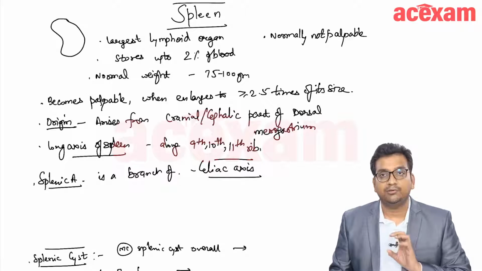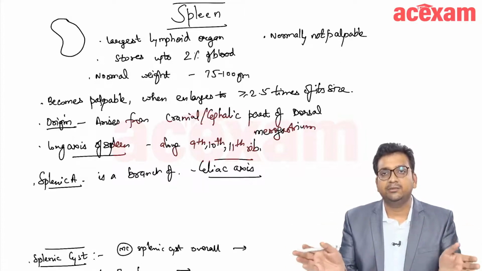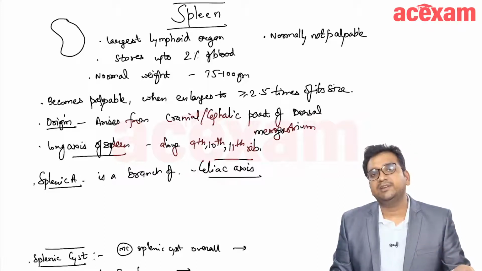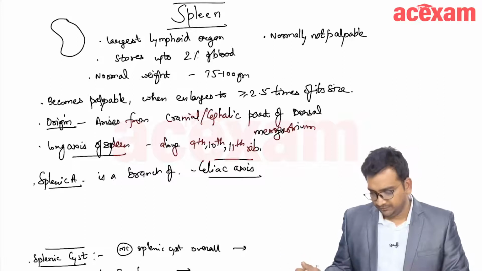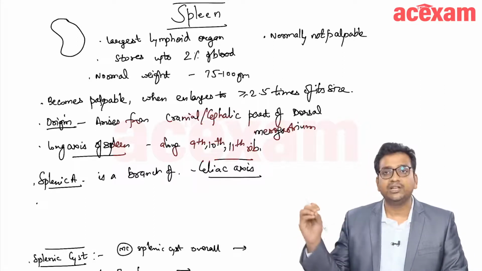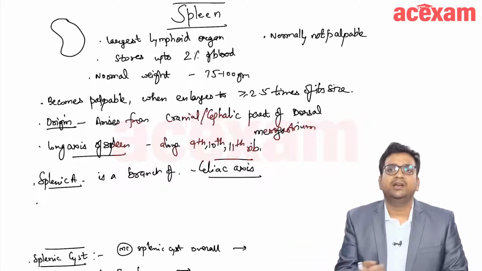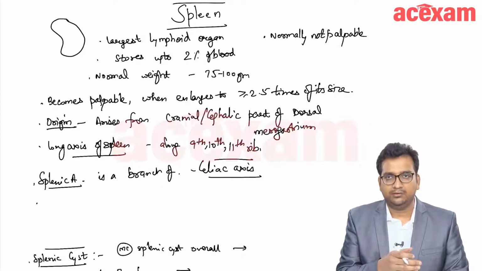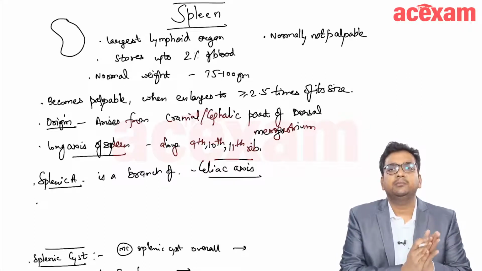So from aorta arises celiac axis anteriorly, and the celiac axis then divides into three branches: the left gastric artery, splenic artery, and the common hepatic artery. The splenic vein arises from the spleen, and then it goes behind the pancreas. It joins the SMV behind the neck of pancreas and makes portal vein.